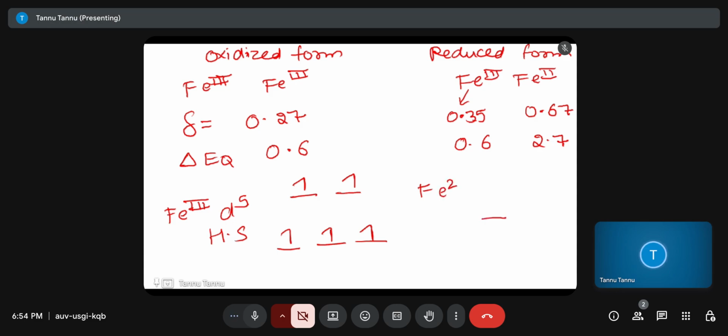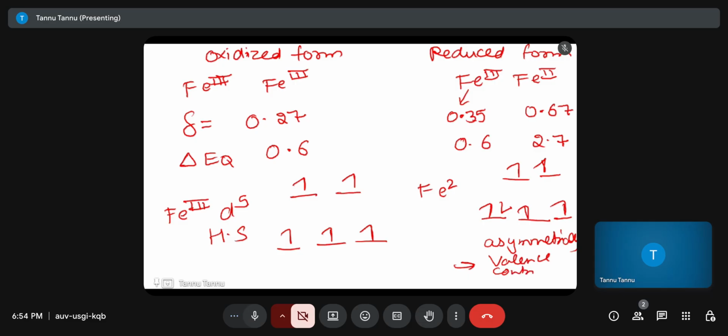Fe2 again, high spin. So here it is asymmetrically filled. So there is valence contribution, and you have non-zero electric field gradient.